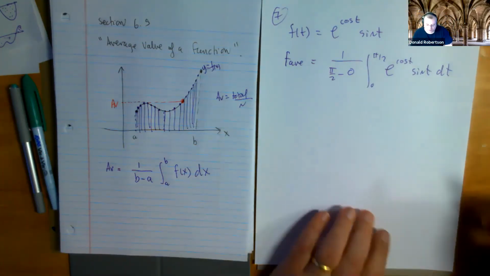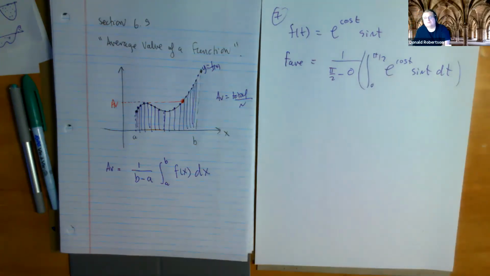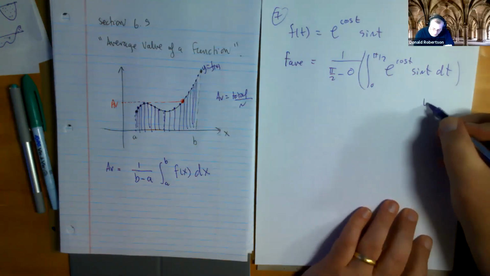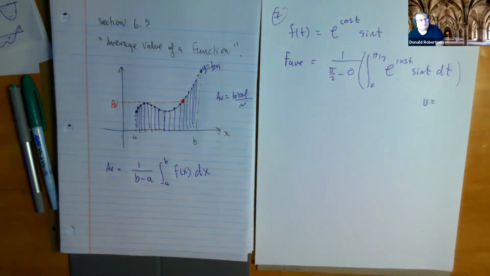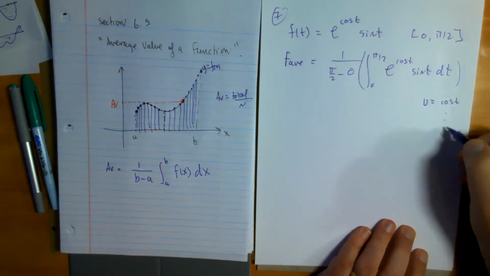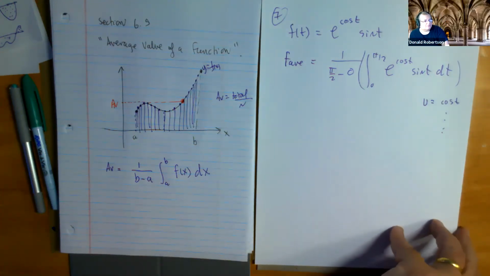What method am I going to use to find this integral? U sub. And who is the u sub going to be? Cosine of t. And can you trust me that it kind of does what it does and you'll get a nice answer.